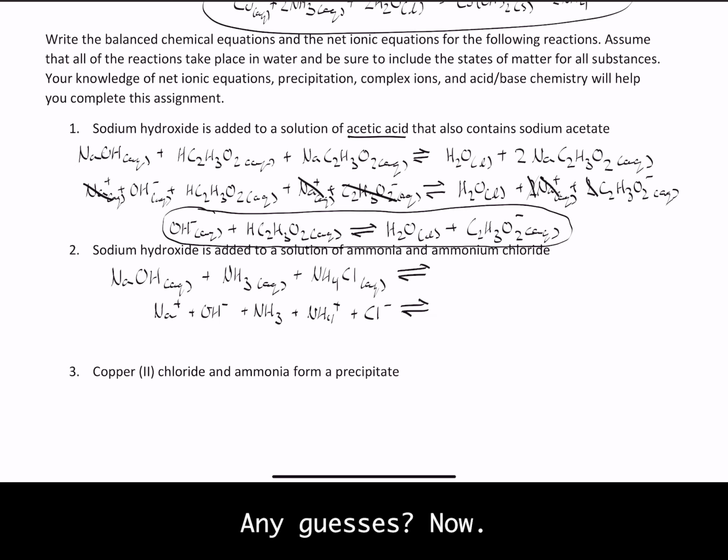Any guesses now? NH3, water, and then salt.